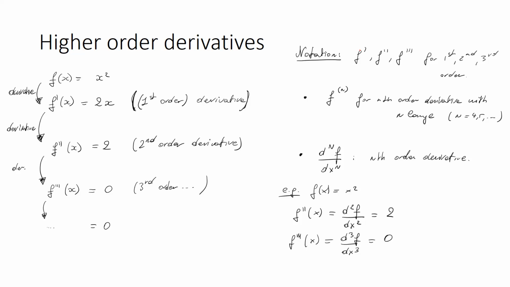I like the notation with the primes if it's clear what I'm taking the derivative of, or if I need some notation that's very condensed. And I like this notation if I want to be explicit, to say, hey, I'm taking the derivative of the function f with respect to the variable x. So different notations, different use cases, more or less.